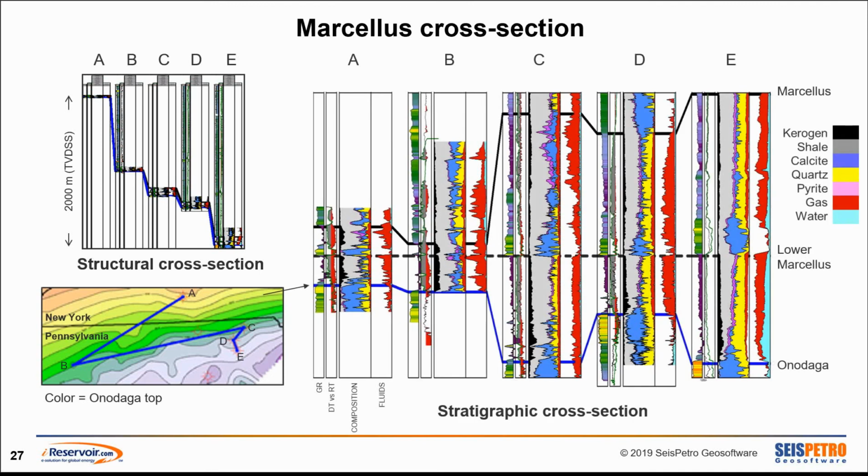When we look at the wells in a stratigraphic cross-section that has been flattened for the lower Marcellus, we see the results of the algorithm in terms of the composition and the fluids.